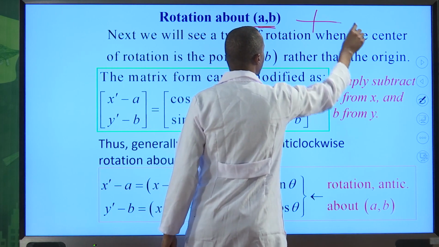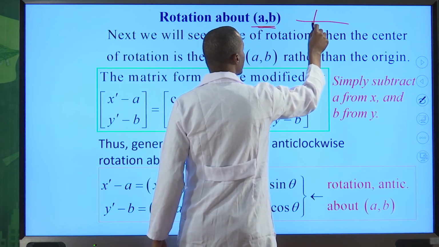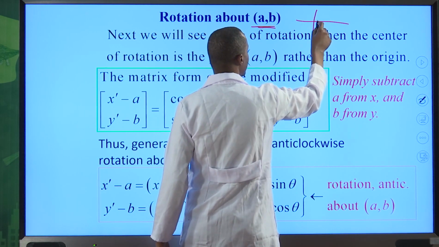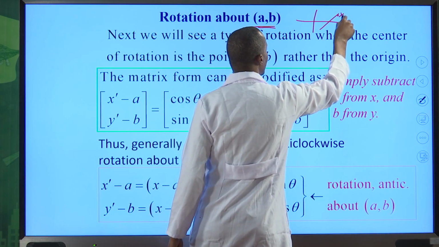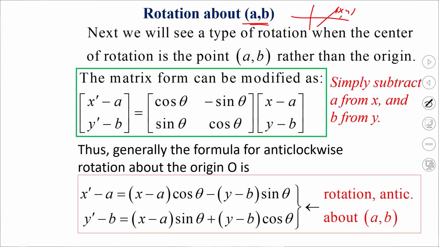For example, if this is the xy plane, my rotation must not necessarily be about this origin. What about if it is rotating about this point, which is called a comma b, not necessarily always about the origin?